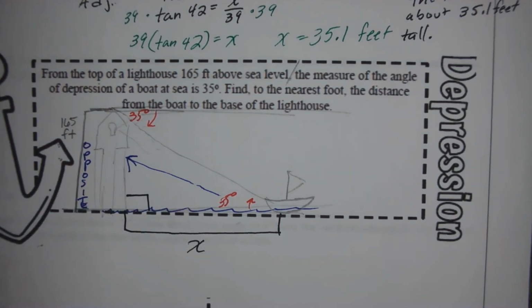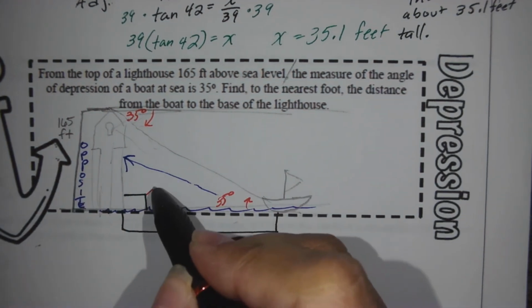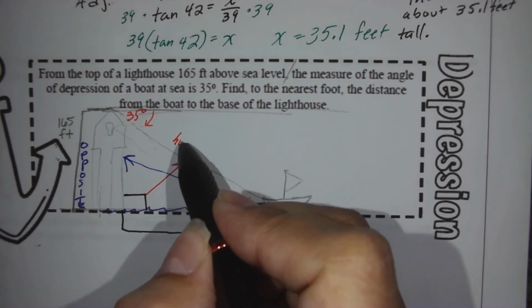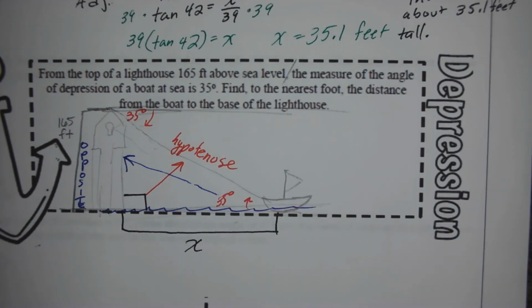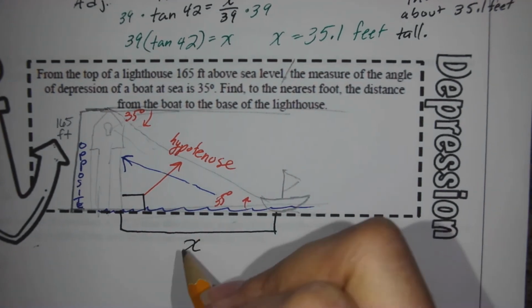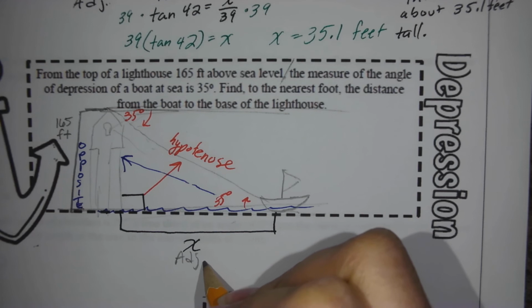Then you've got your other piece from the right angle going over, which is your hypotenuse. And then your leftover is your adjacent. So this is the adjacent.